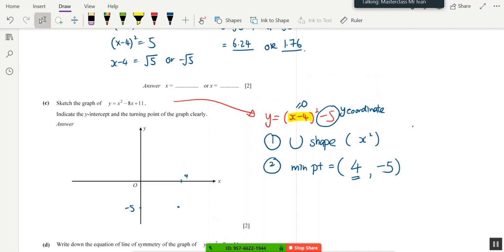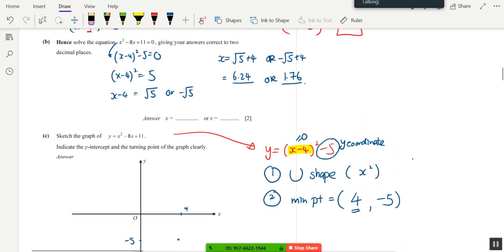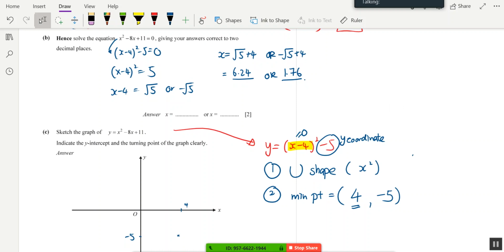Okay, and then you know it's a U-shaped graph, right? Can you see this? And this? What do you think that this 6.24 and 1.76 are? Where is 6.24? There, on top. These two guys are actually your x-intercept.